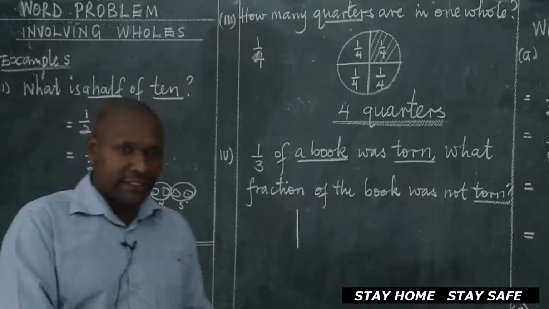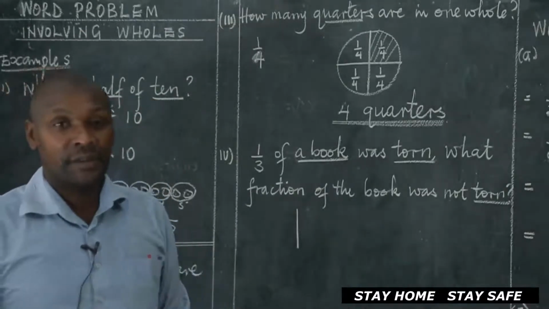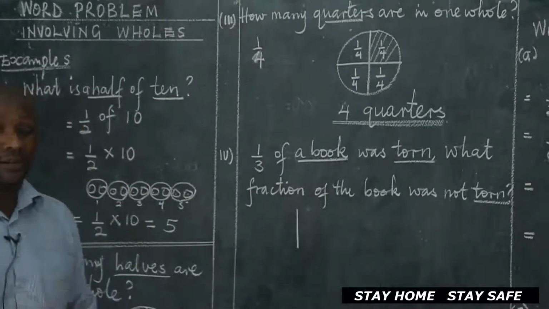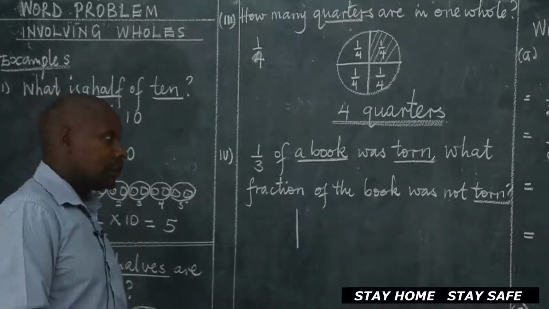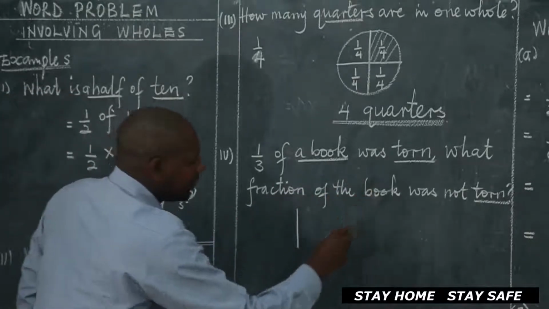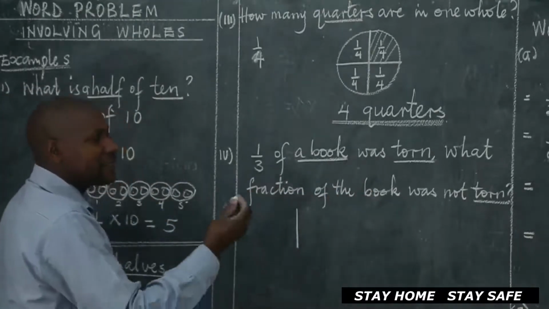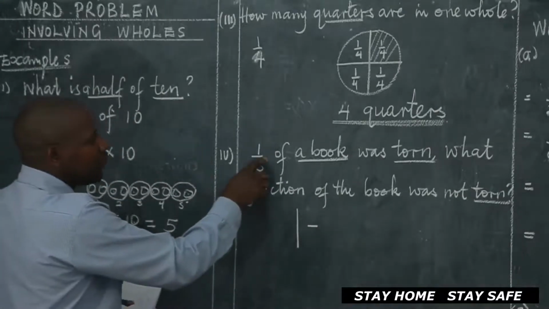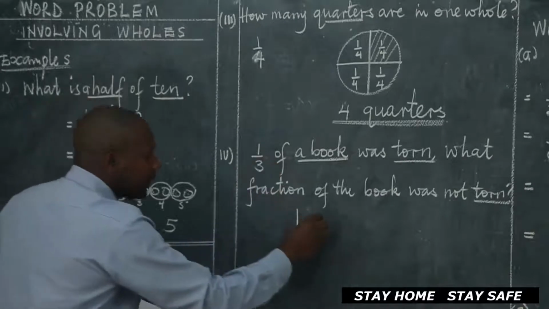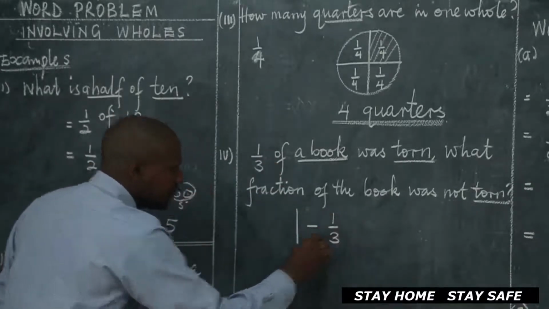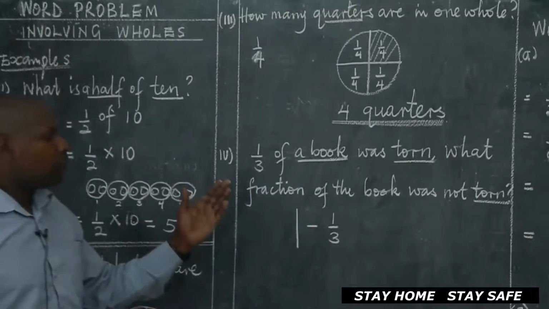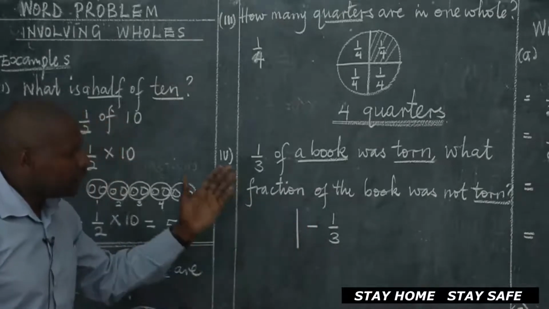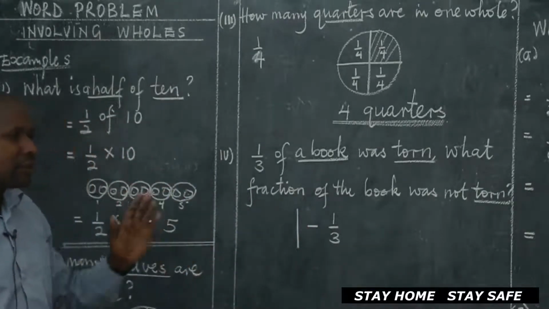But part of it was torn. Somebody came and tore it. So if one part is torn, let's take away the part that was torn, and they have told us that it is a third. Okay? If it was a third, which part of the book is not torn?